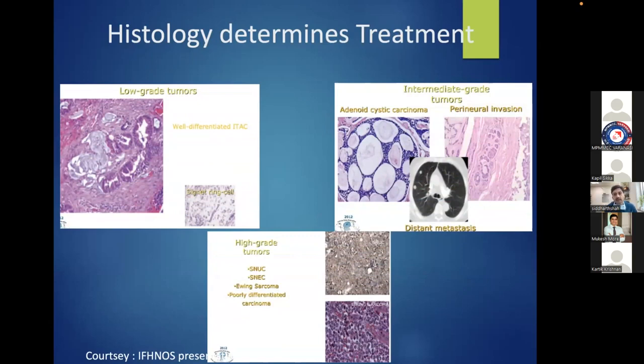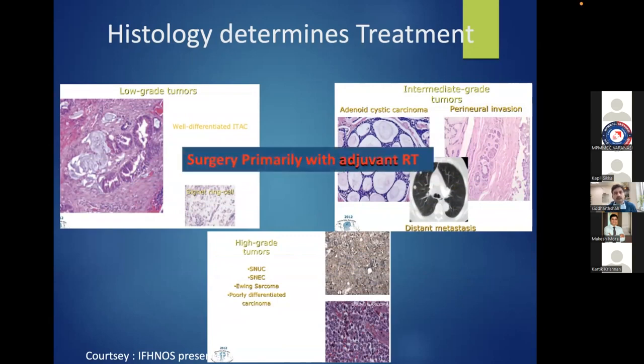For the intermediate group of tumors, you may add radiotherapy as adjuvant therapy, but for high-grade tumors you have to add systemic therapy in one way or another. So histology is a true determinant of the type of management that you will be planning.